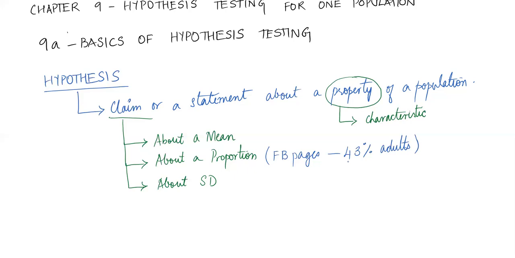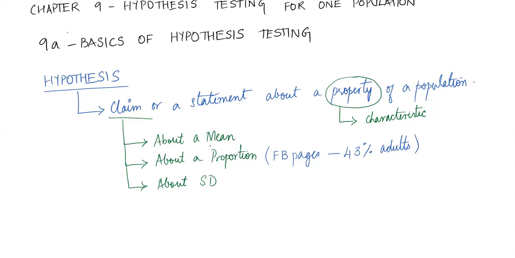It's used for polling to understand, is this an opinion in a certain geographical location, or is it how the entire population of the United States feels? So you can use all these things and statistically verify those claims. And so each time you see percentages, you know that it's about the proportion.